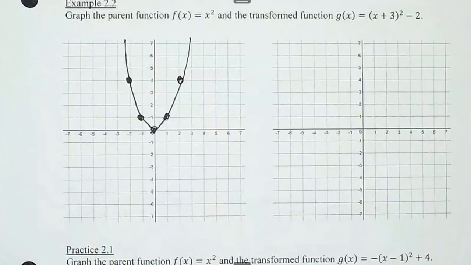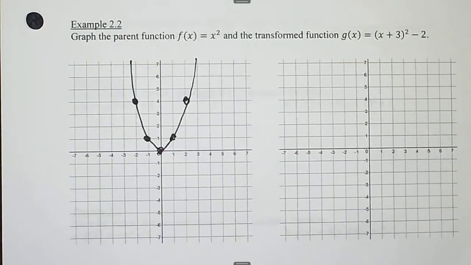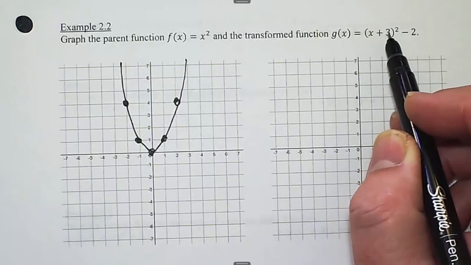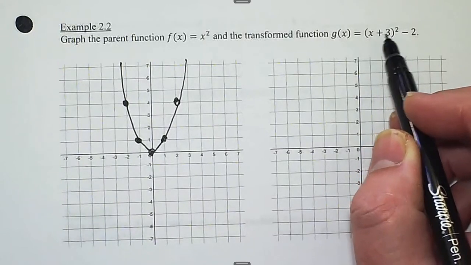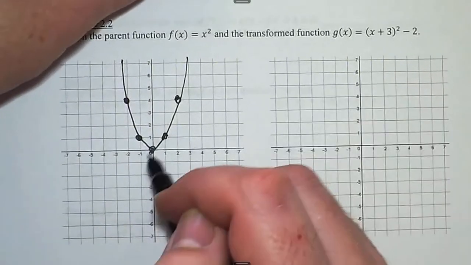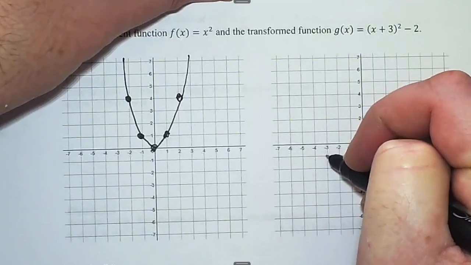Okay, now we're going to graph this function. This is in vertex form, or what some people call transformational form. So we know that on the inside of the function, this is an insider, so it's going to shift 3 to the left. And then that's an outsider, so it's 2 down. So we'll take each one of these points and move them 3 to the left and 2 down.